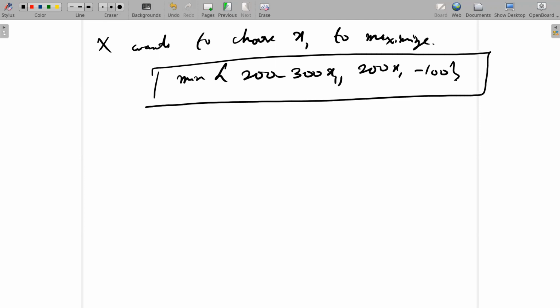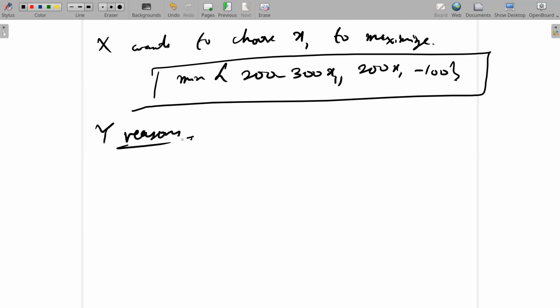If y chooses a strategy of whether to choose one finger or two fingers based on minimizing this quantity, minimizing my profit, then I want to maximize that minimum. So this is how x is reasoning. I want to maximize this quantity. Now y reasons.